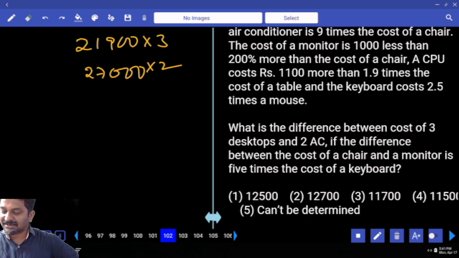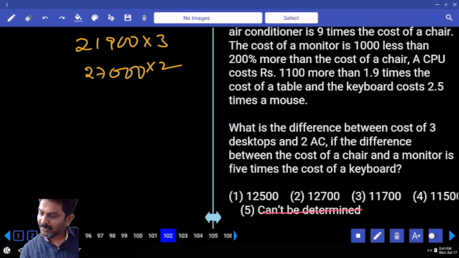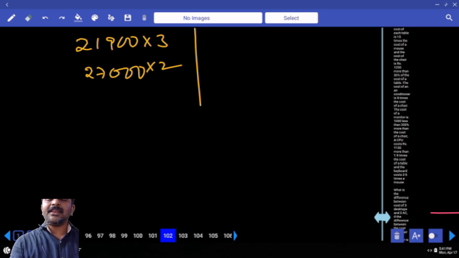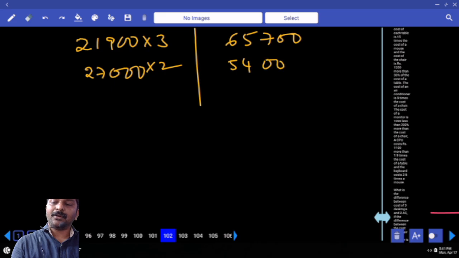Can this be your answer? No. What did they ask? They asked for the difference. Right. Come on. 219 3 times. 7, 5, 6, 2 zeros. 54,000. 11,700.